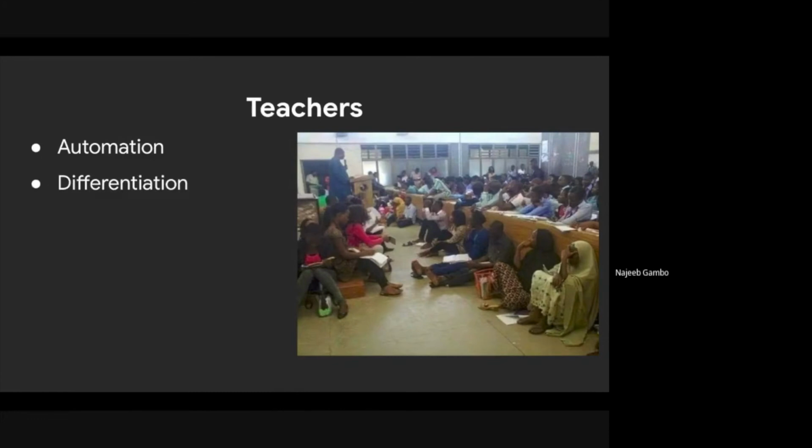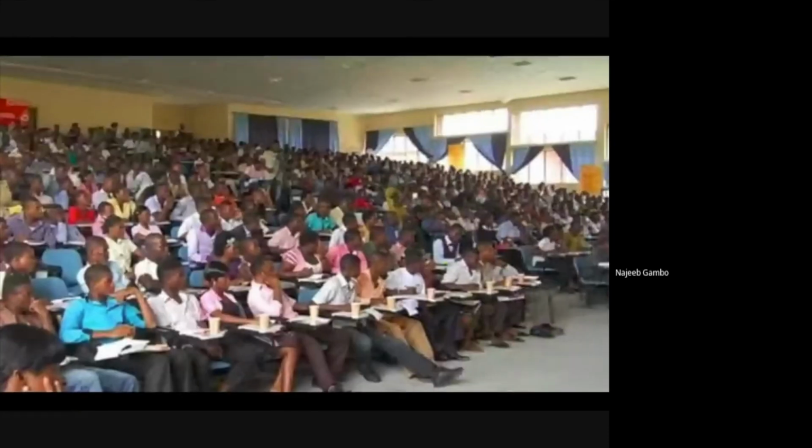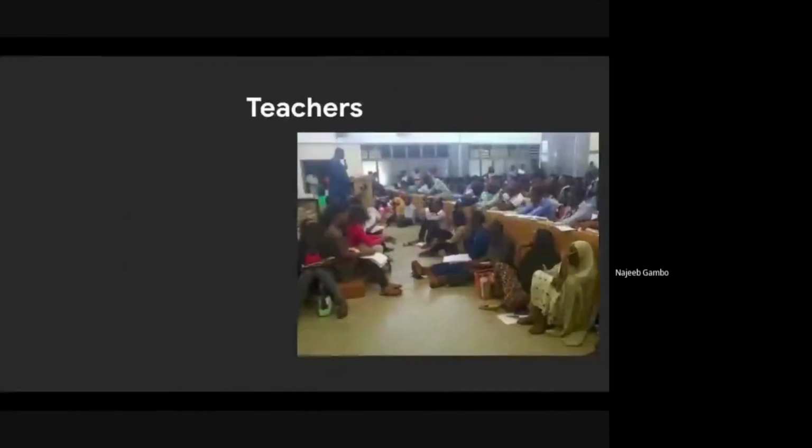Not only that, if you have this kind of crowd, pedagogically speaking, how do you make differentiation? Because naturally, in any kind of teaching, there are slow learners. There are learners who are very slow because they have a natural disability.